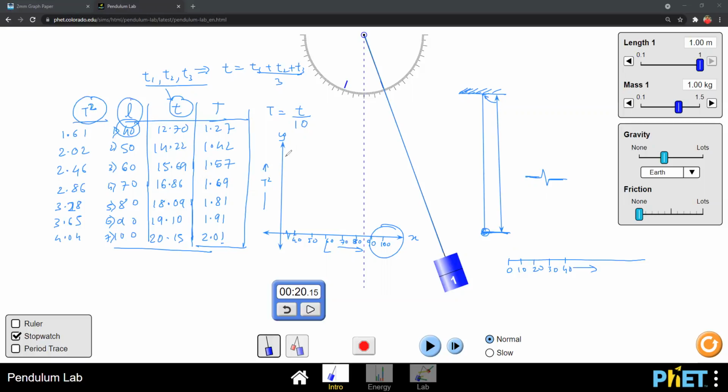And over here also, on the y-axis, the smallest value is 1.61 and the maximum value is 4.04. So if you consider this as 4.10 and 1.61, that will give you the range of values that you need to plot, and that comes to around 2.49.